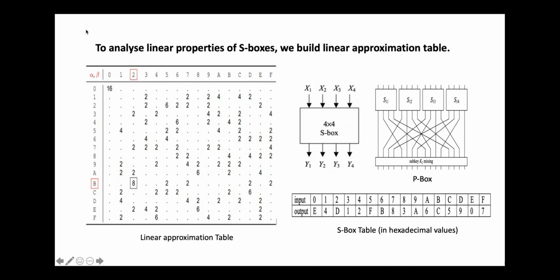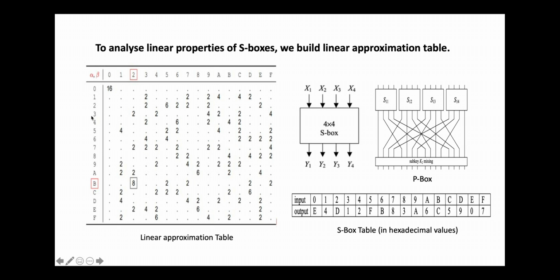When we try to find a path, the biggest problem is created by the nonlinear layer, which is the S-box in this case. So let's say the input of the S-box is x1, so you have to find the most probable output of this S-box. And for that, we create the linear approximation table with the help of the S-box table.